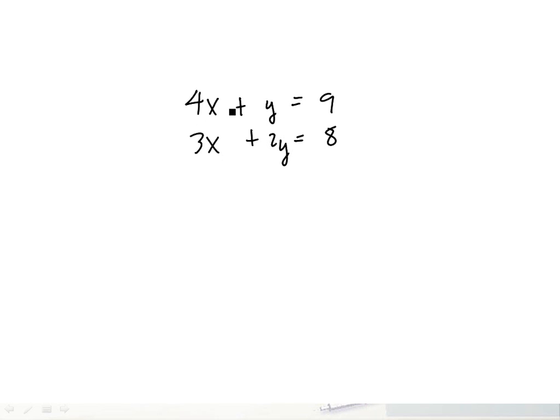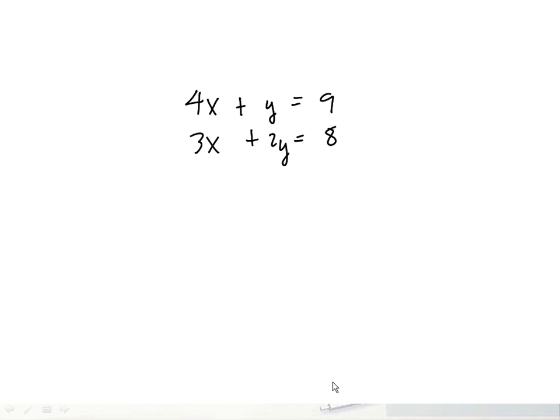Or, in order to eliminate the y's, all I have to do is get these two coefficients the same. Since this is already a positive 2 here, I can just multiply the first equation by negative 2, and that will eliminate the y's. That's actually less work than multiplying both equations by something. To multiply just the first equation by negative 2 is less work. So that's what I'm going to do.